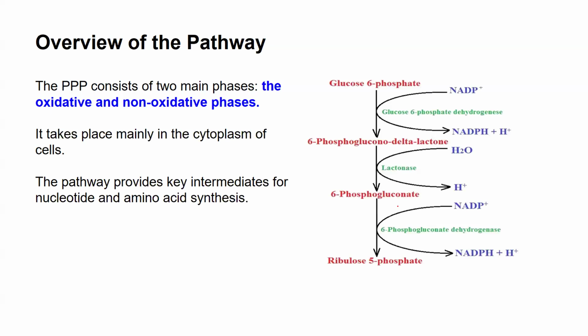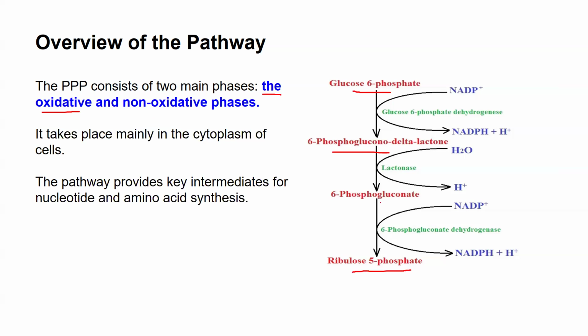Why? Because at the end, ladies and gentlemen, as you can see from here, this is the pathway where glucose 6-phosphate is converted into 6-phosphogluconolactone. So this pathway that we are demonstrating is an example of the oxidative phase, where at the end, the glucose 6-phosphate is converted into ribulose 5-phosphate.